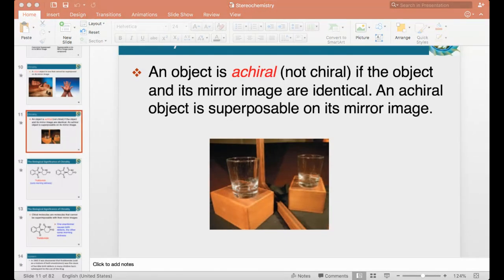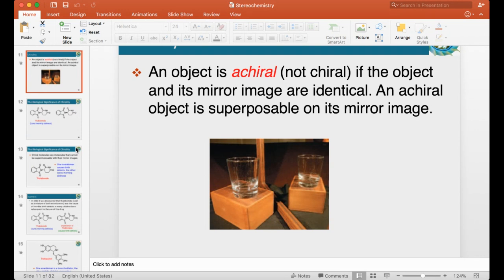Is there any feature that won't match? They will match perfectly. So a glass of water like this one is an achiral object, okay? Because you can superpose, so basically it's the same thing. Now, if you had a picture on this side, it could be different.